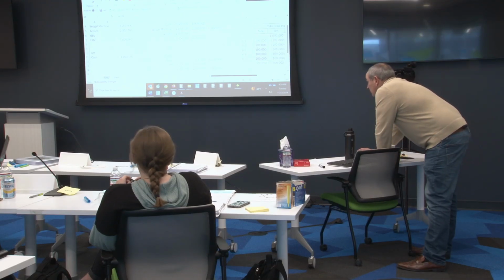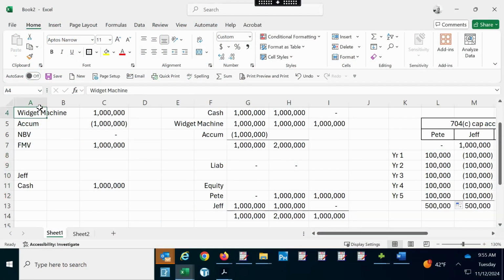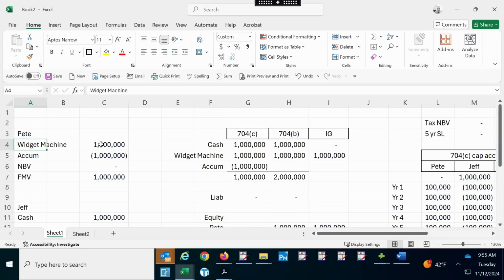But, so I'm going to change this. What if Jeff contributed $2 million in cash, and Pete's widget machine was worth $1 million, and we're still 50-50.